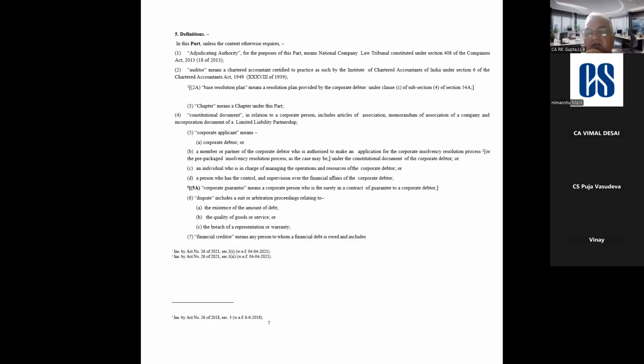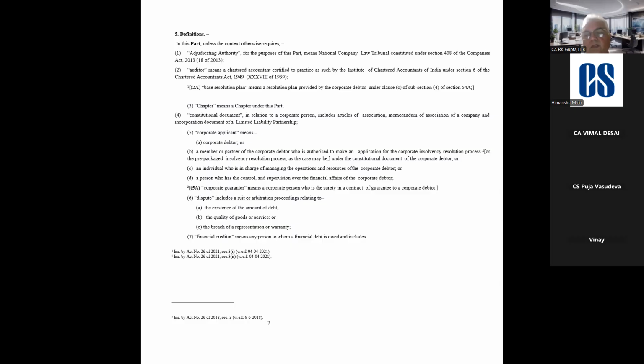Now, what is the logic behind reading this definition of dispute? Why are we reading this definition? Sir, if there is a dispute and because of the dispute the person has not paid the amount, the default has not crystallized because of the non-resolution of the dispute. For example, you have supplied goods of inferior quality and the company has raised objections.